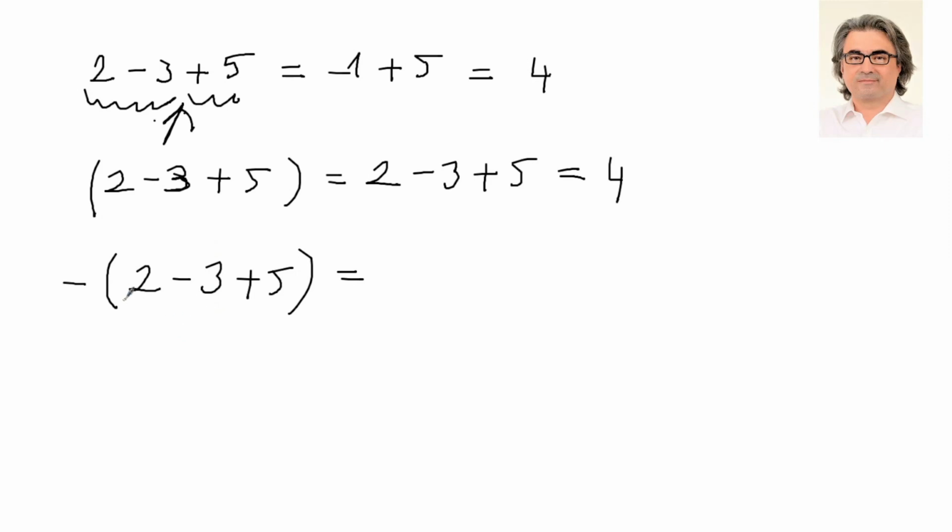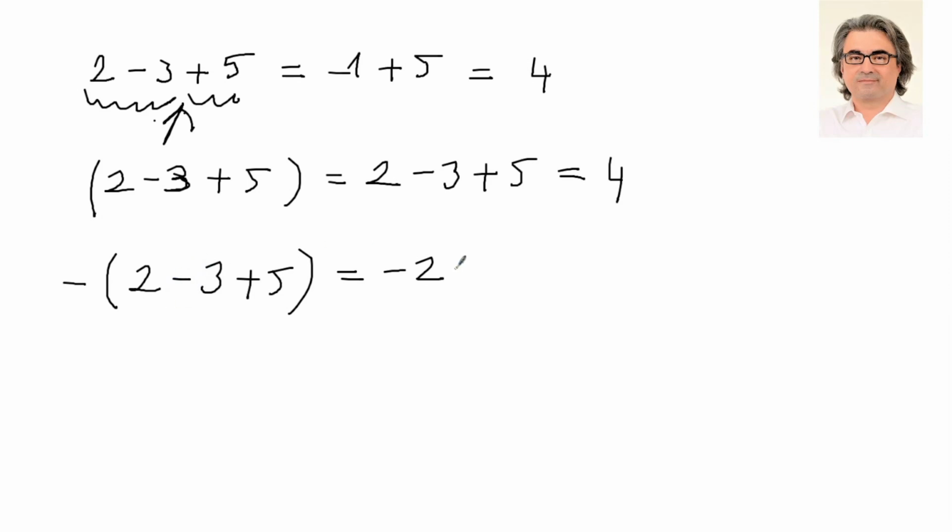So apply what I told you. Now, in the parentheses, I have plus 2. And in front of the parenthesis, I have a minus sign. So I should change all signs of numbers to remove parentheses. The first number is plus 2, right here. Minus 2. After plus 2, the number is minus 3.